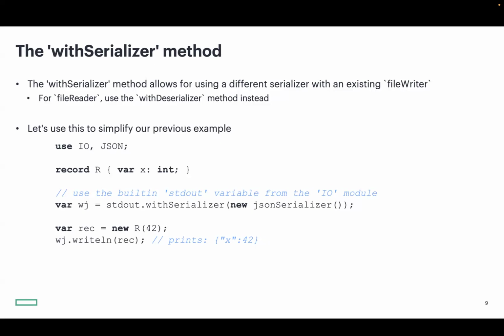Instead of creating that file with a descriptor, let's reuse the built-in stdout variable from the module. On the variable, let's invoke withSerializer and just pass in a new JSON serializer. This allows us to do the exact same thing as before. We print the record the same way. It's just a little more convenient.